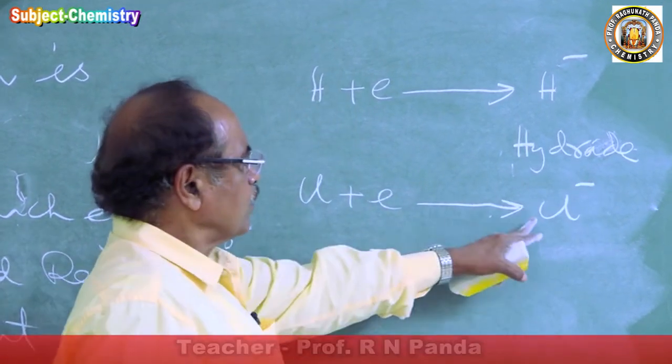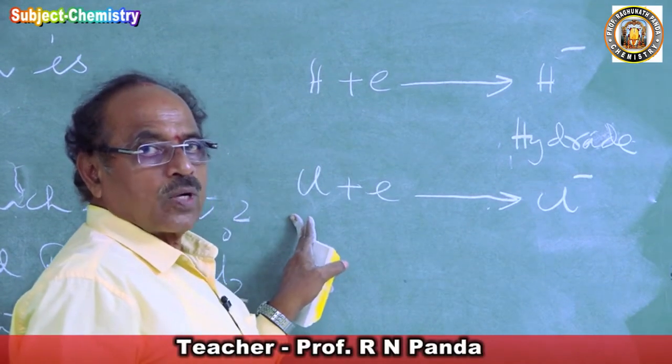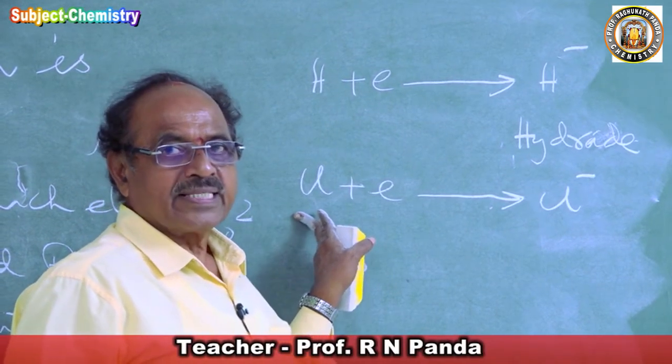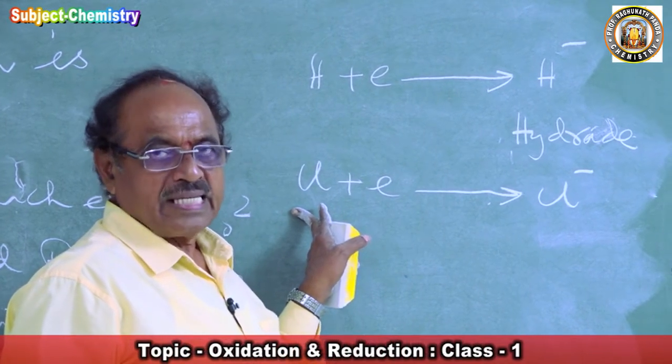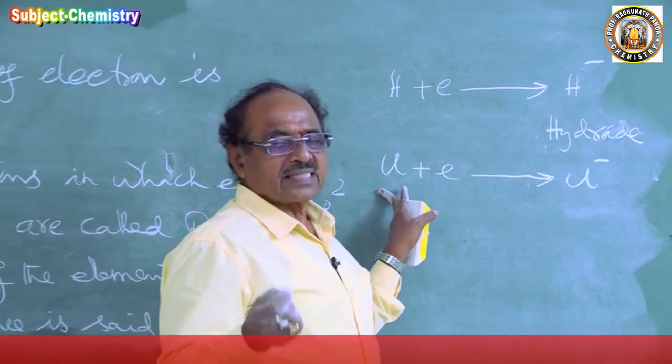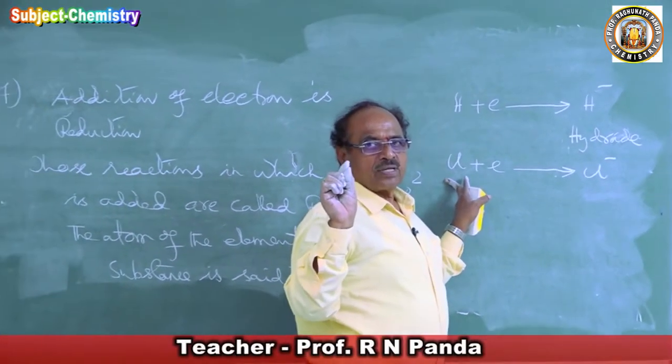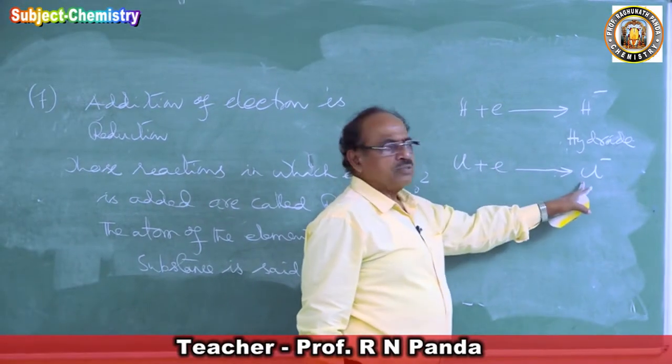So the chloride is more stable than chlorine. Chlorine has 7 electrons in the outer shell. It is placed in the 7th group of the periodic table. It has atomic number 17, 2, 8, 7. It needs 1 electron. The moment 1 electron is added, it forms chloride.